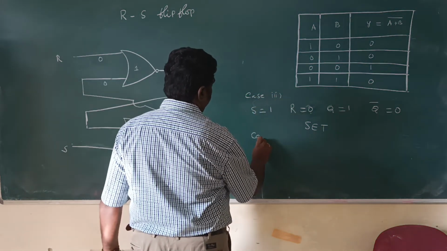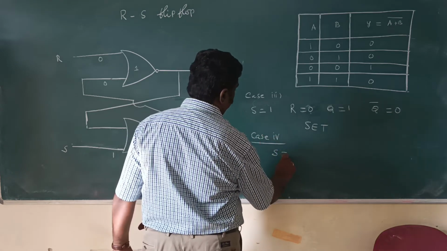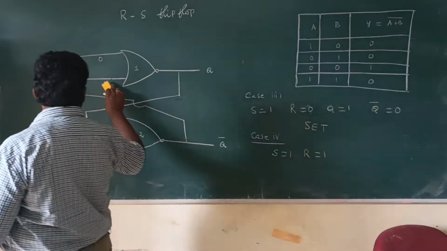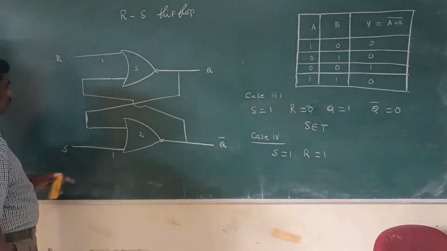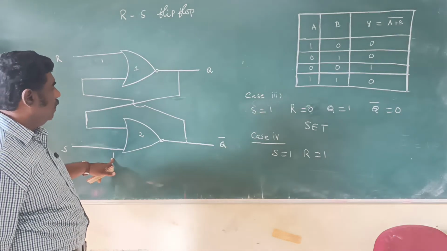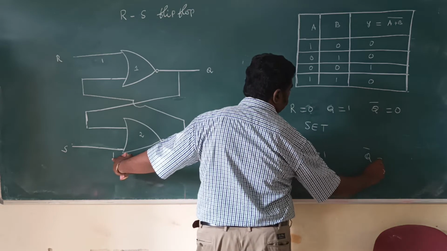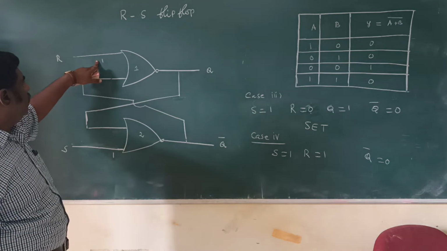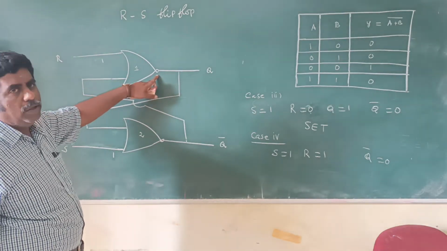And we have to go for the fourth case. Here S equal to 1 and R equal to 1. Both the inputs are high. If you think about the second NOR gate, if any one of the inputs is high, automatically the output should be low. So Q bar is equal to 0. If you go to the first NOR gate, if any one of the inputs is high, according to NOR logic, the output should be low.